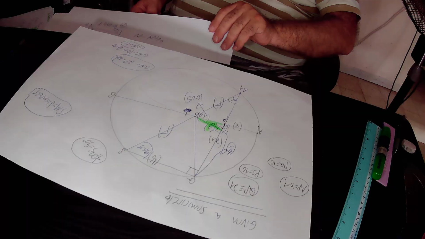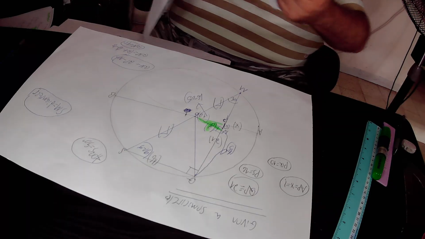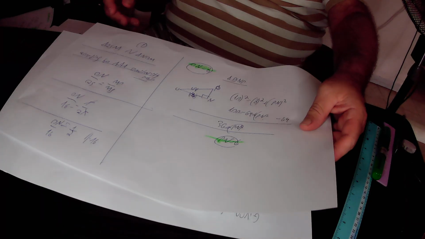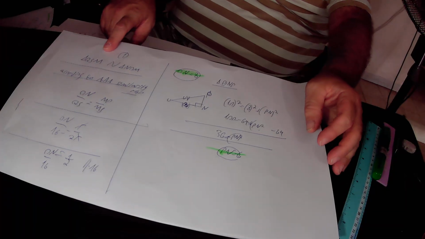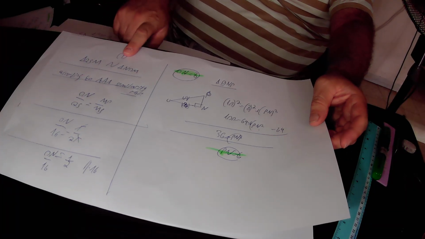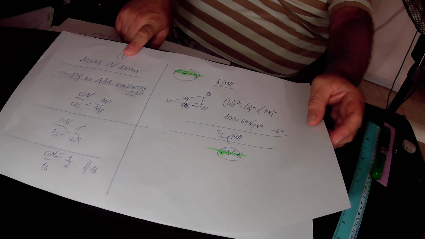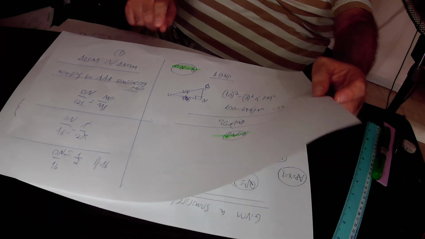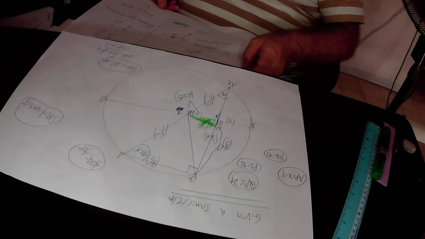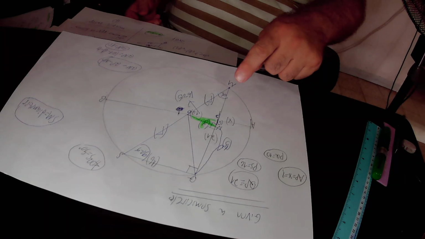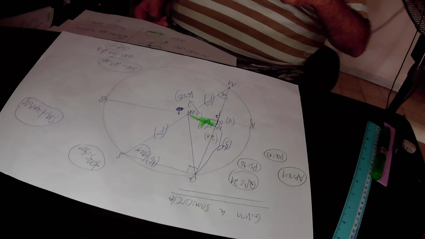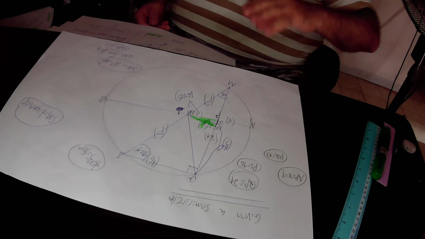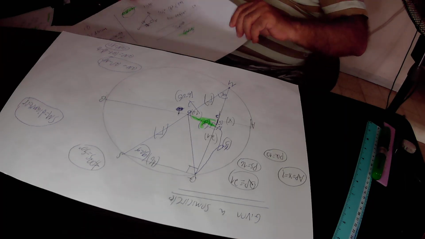Okay, again, we found out that the big right triangle QSM is similar to the small right triangle NOM according to the angle similarity rule. And from the fact that those two right triangles are similar to each other, we derive that the following relationship exists between their sides.